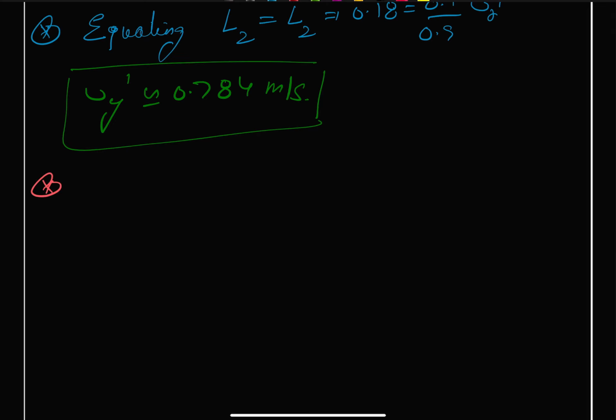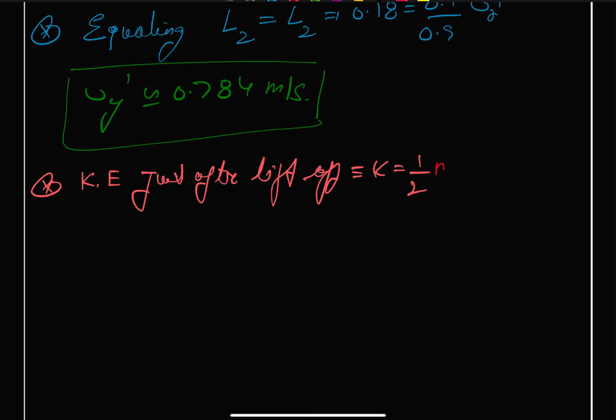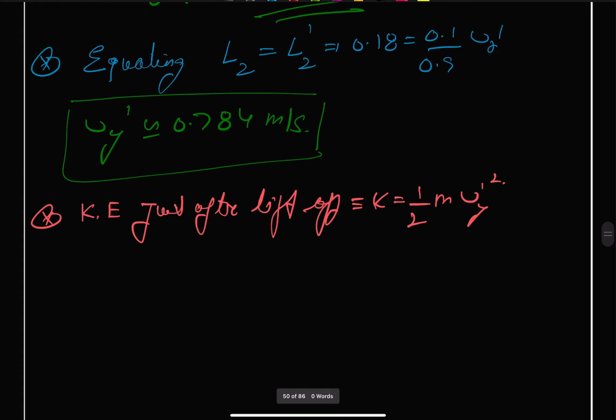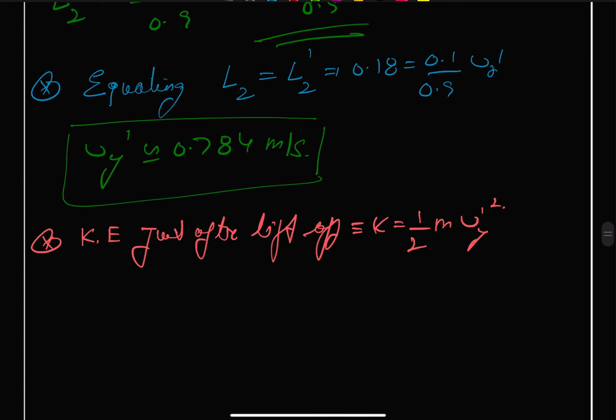Now we can just find out the kinetic energy. Therefore, kinetic energy just after liftoff. K is equal to half m vy prime squared. Sorry, it is going to have two components, my mistake.